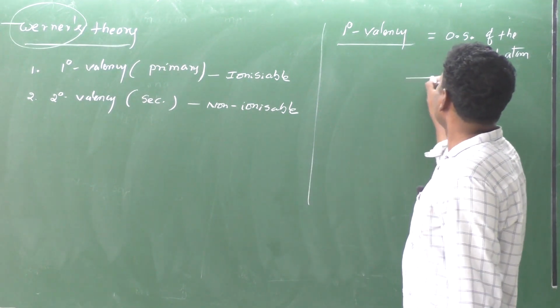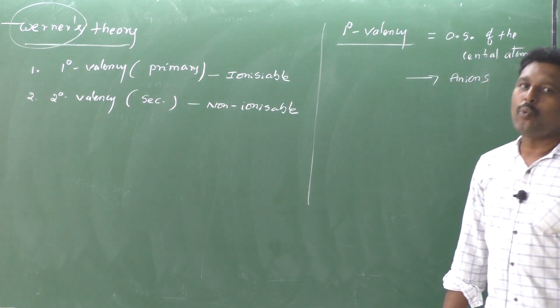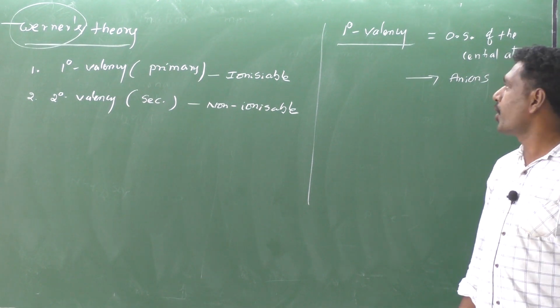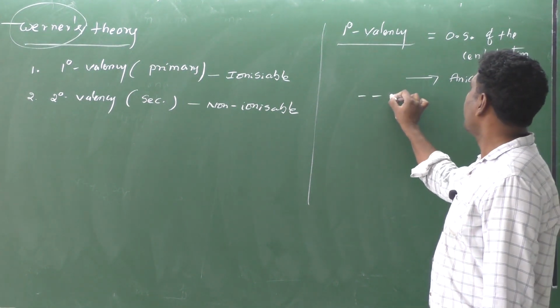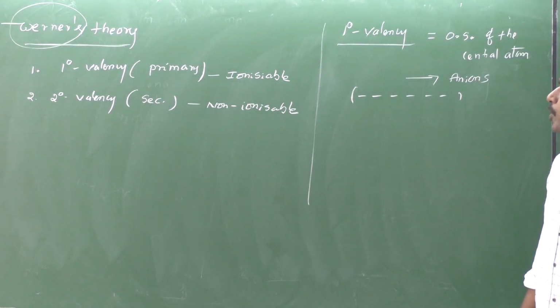It is satisfied by only anions. It is indicated by dotted lines in the structure of complex compounds.